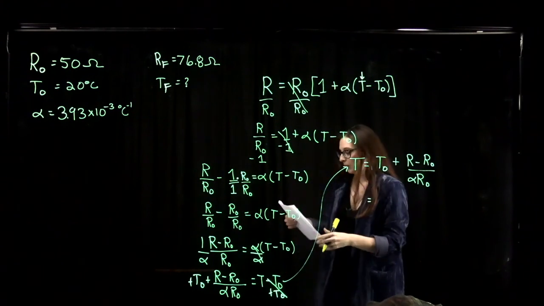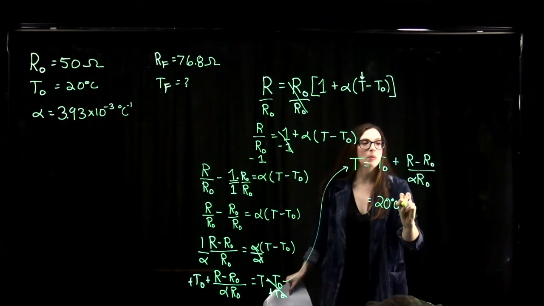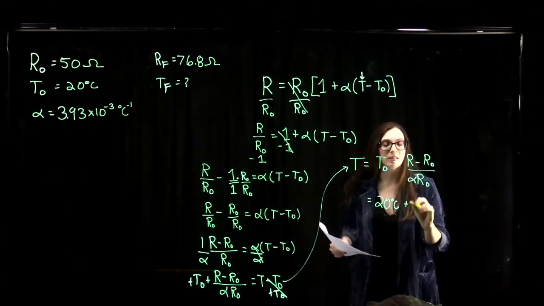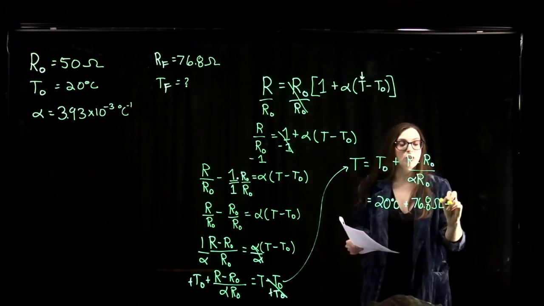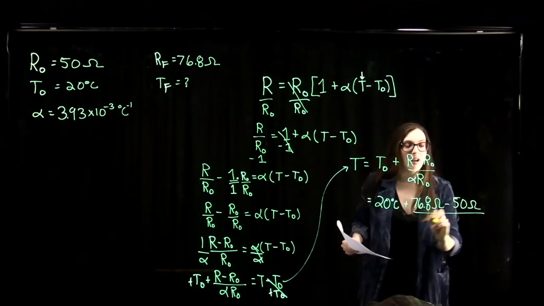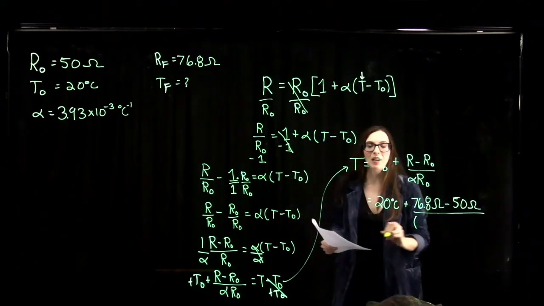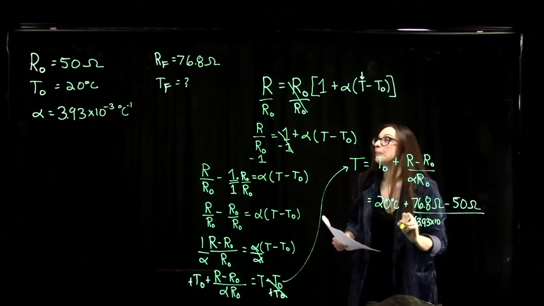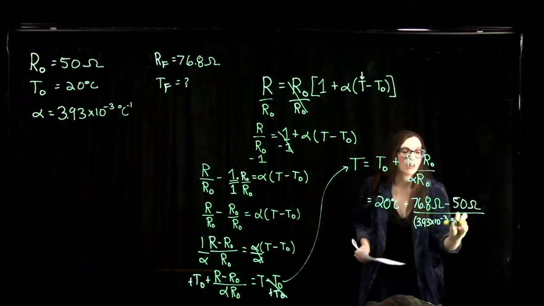So our final temperature will be our initial temperature, which was 20 degrees Celsius, plus our final resistance here, 76.8 ohms, minus our initial resistance, which was 50 ohms, and then we're dividing it by our temperature coefficient of resistivity, which was 3.93 times 10 to the minus 3 inverse degrees Celsius, okay?